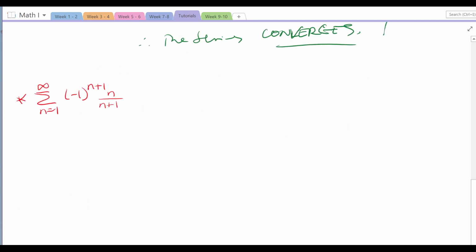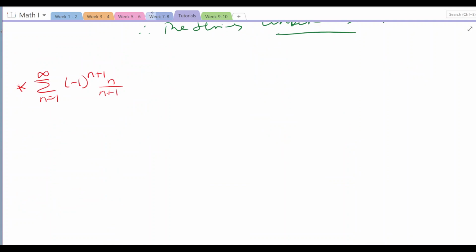How about we take the next one, the final one? This is the term that makes the series alternating, so we ignore that. Simply looking at the actual terms that make the series, which is our a sub n, in this case is n over n plus 1.